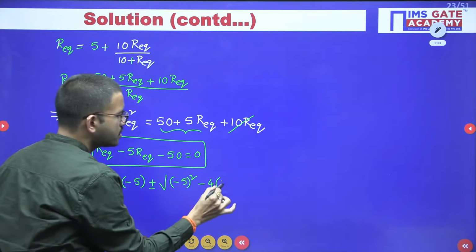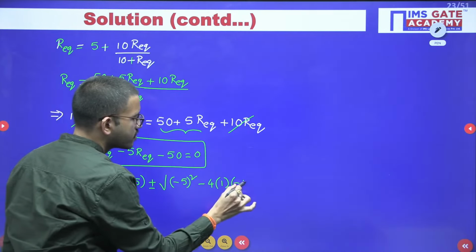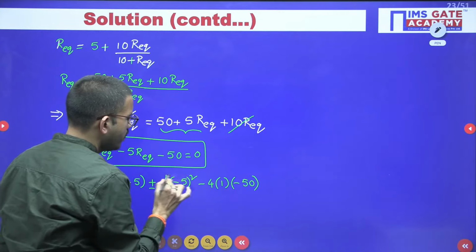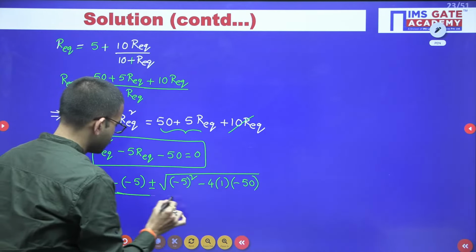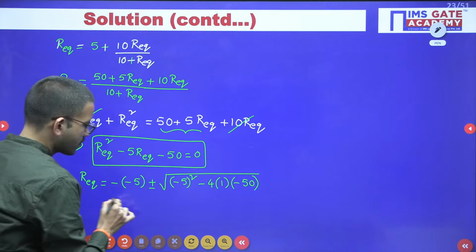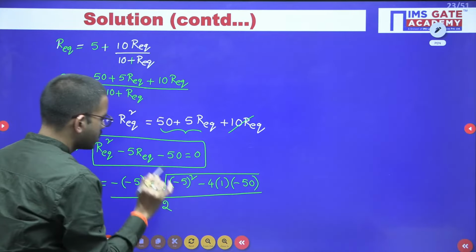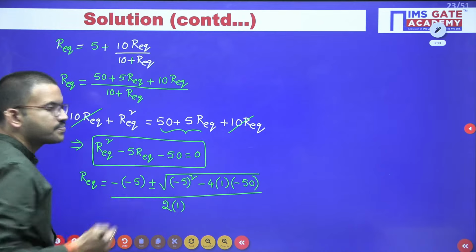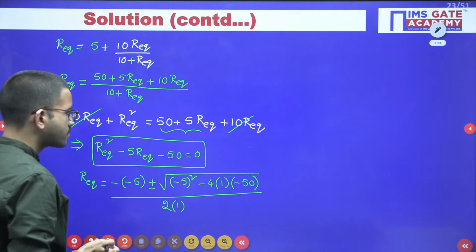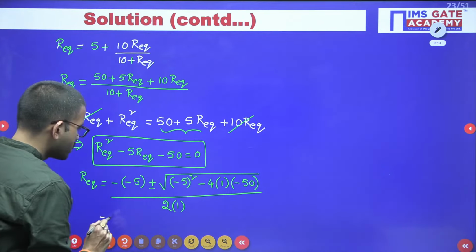Here a value is 1, c value is minus 50, divided by 2 times a. So here a value is 1. Okay, right. Now you can do further simplification.